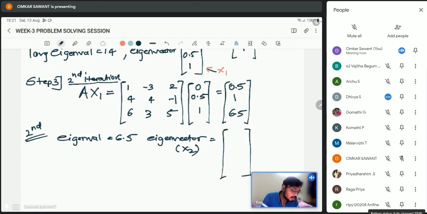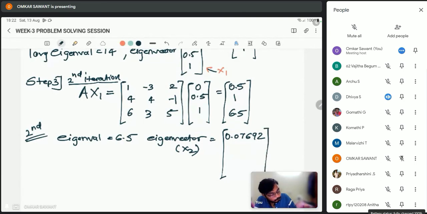You have taken 6.5 common, so 0.5 by 6.5, right? 0.0692. Oh, sorry, 0.7692. Similarly, what is the next value? 0.1538, sir. 0.1538, correct.